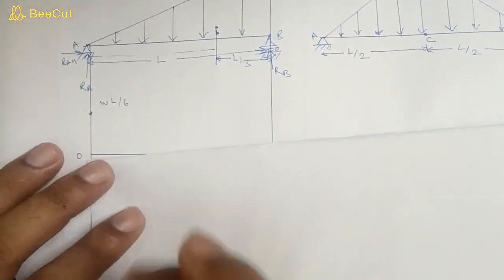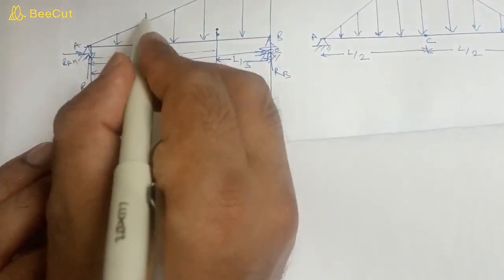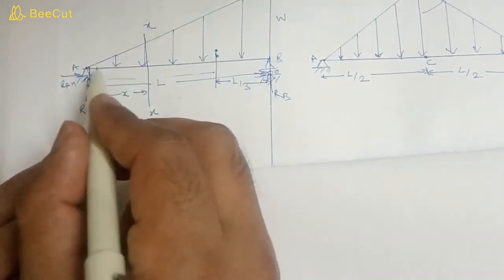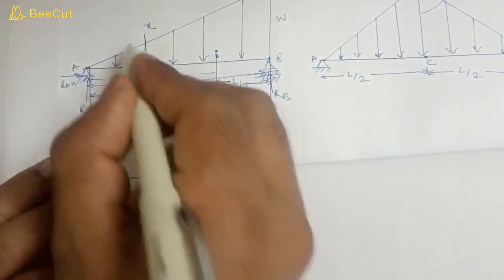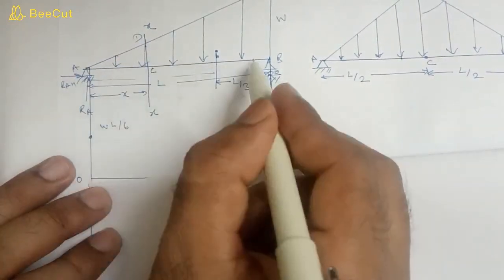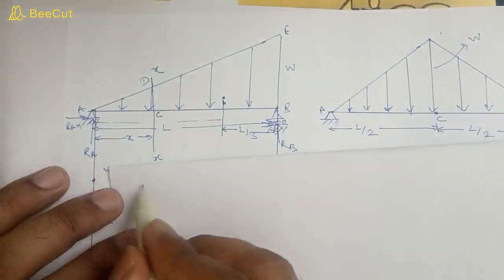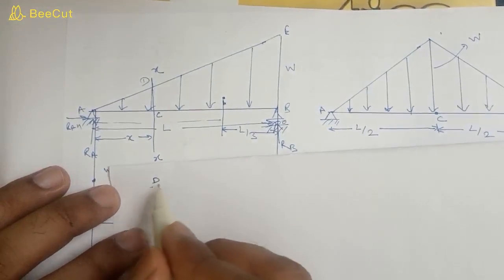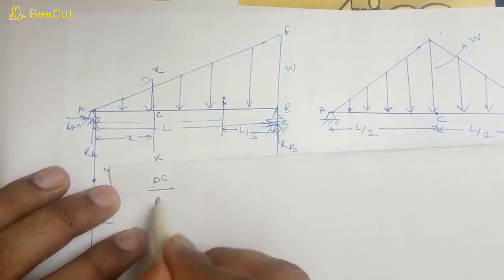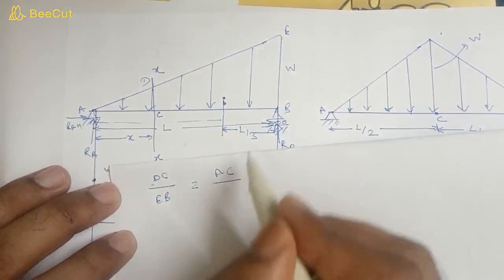Now suppose this is distance x and this is section x. Suppose this is C, this is D. Then triangle ACD and triangle ABE are similar. So we can write DC by EB is equal to AC divided by AB.